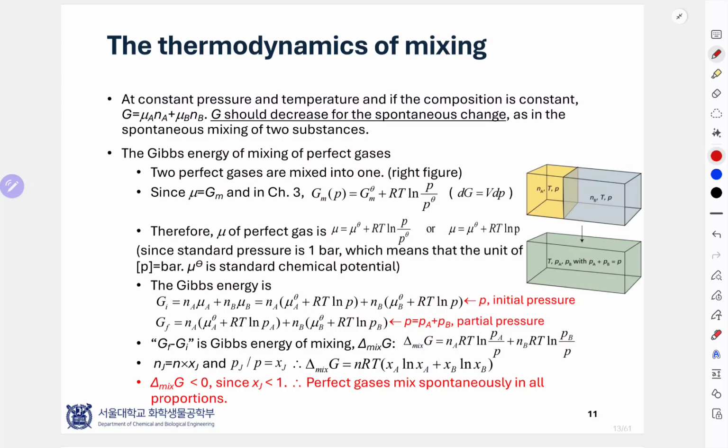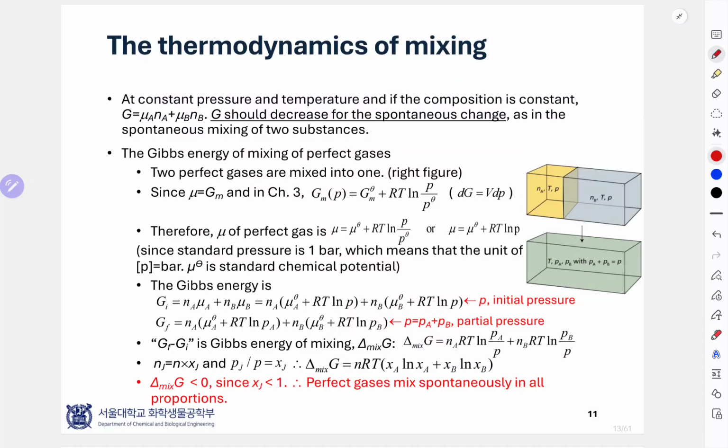And for a spontaneous change, this Gibbs energy should decrease, as in the spontaneous mixing of two substances. For example, let's see the figure here, which is an example of a mixing process for perfect gases.